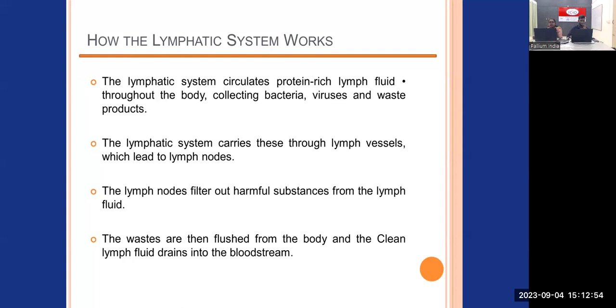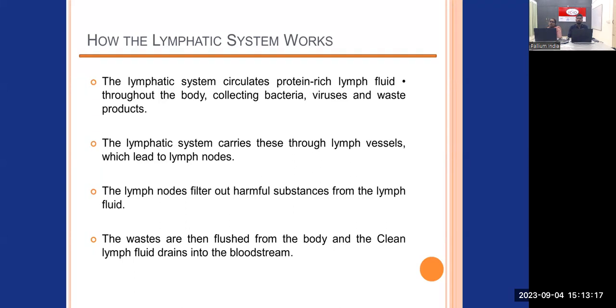It might contain bacteria, viruses, and waste products. Not all the time, but you have to keep it in mind. Sometimes these kinds of infectious things will be there in the lymphatic system.